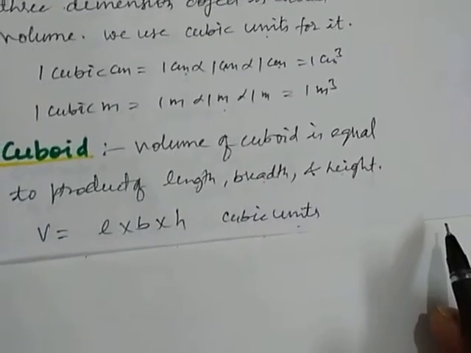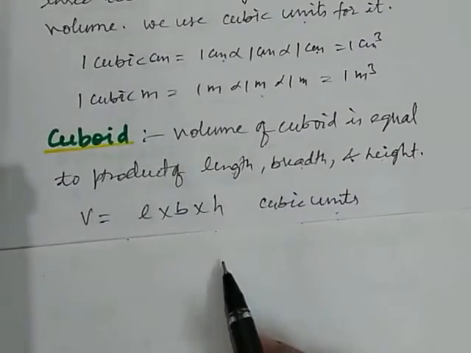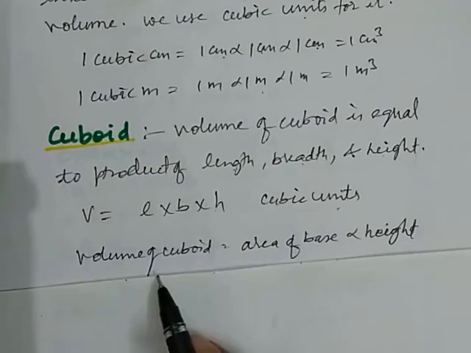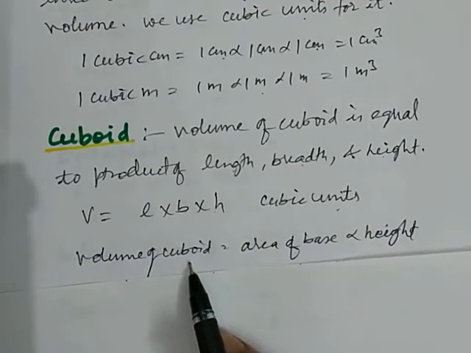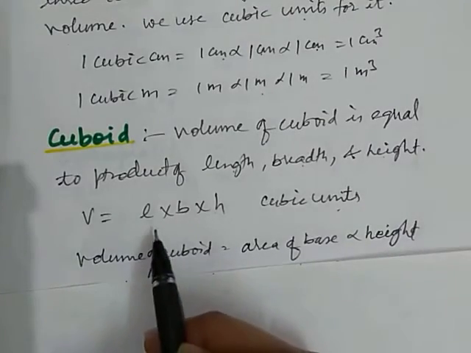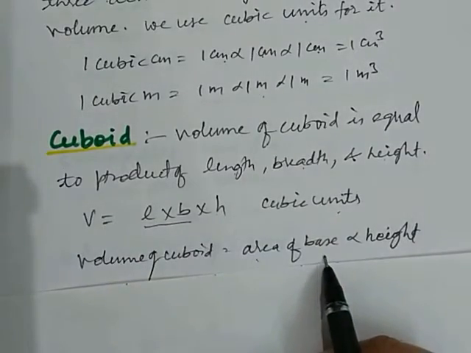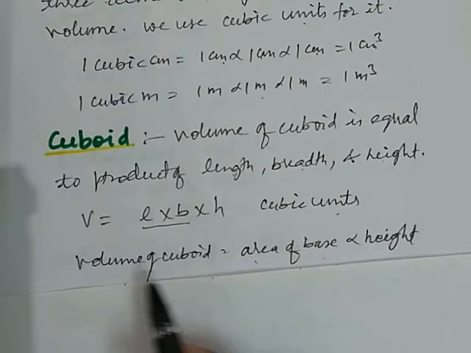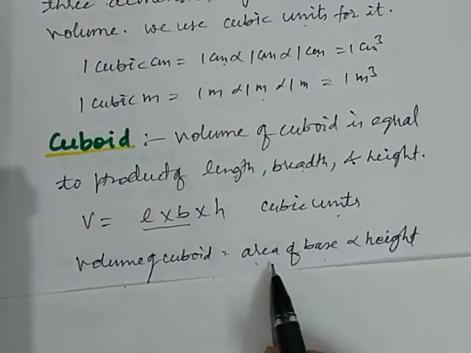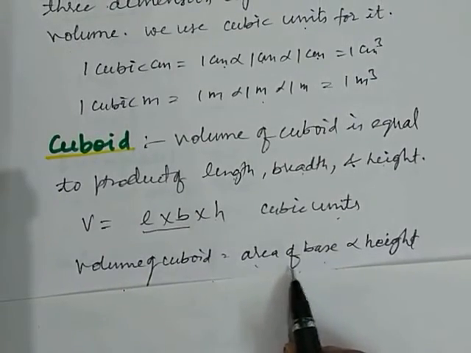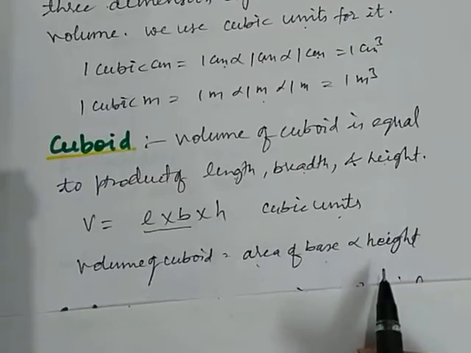Okay, so this can be expressed as: L into B is the area of base and H is the height. So volume of cuboid can be expressed as area of base into height.